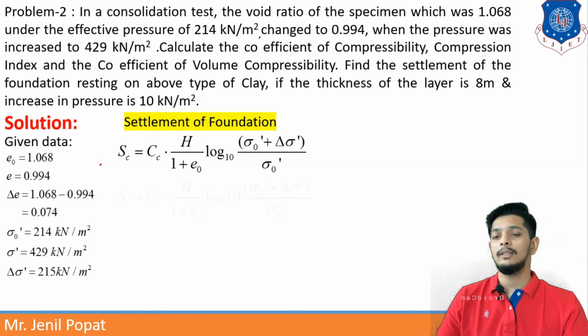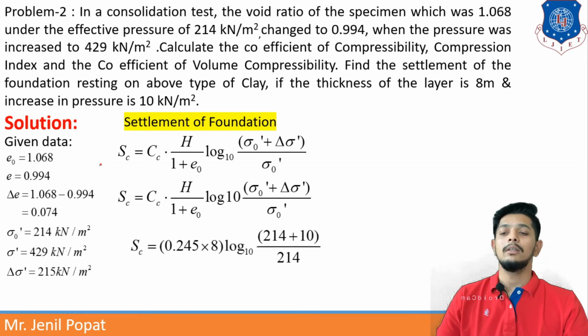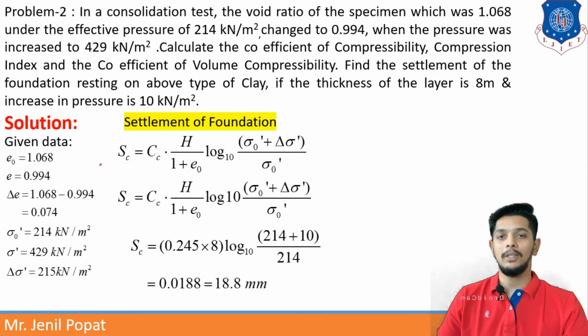With this equation, I can put in the values of H, e0, Cc, etc., and I can get Sc, the settlement of foundation, as 18.8 mm in this particular case. So that's it for problem number 2.